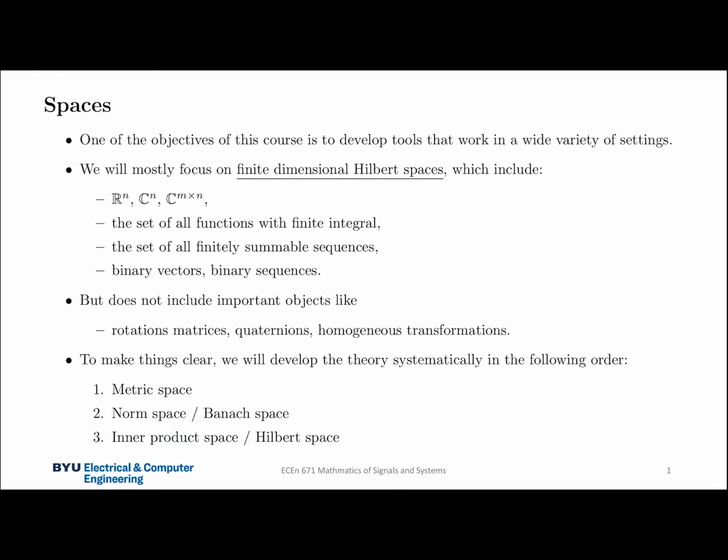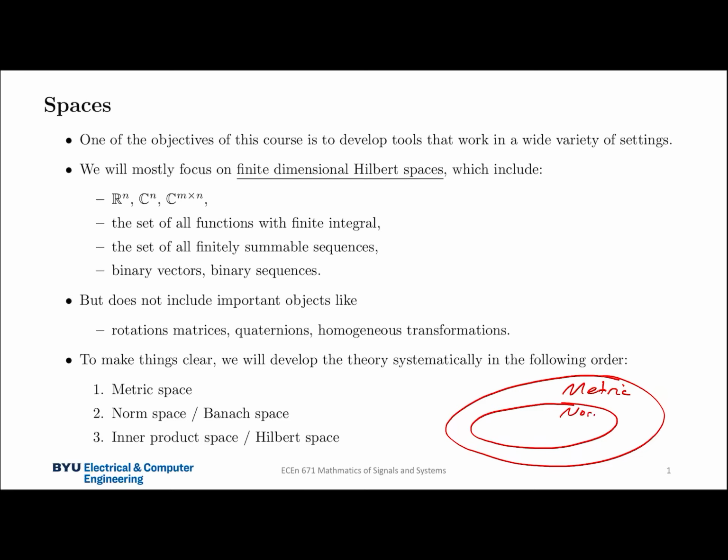The development of the class, to make things clear, we're going to develop things in a systematic way where we'll do metric spaces, then norm spaces, then inner product spaces. If you were to do a Venn diagram, you would have metric spaces, and then norm spaces inside of that, which means that anything that's a norm space is also a metric space. And then inner product spaces, meaning anything that's an inner product space is also a norm space, is also a metric space.